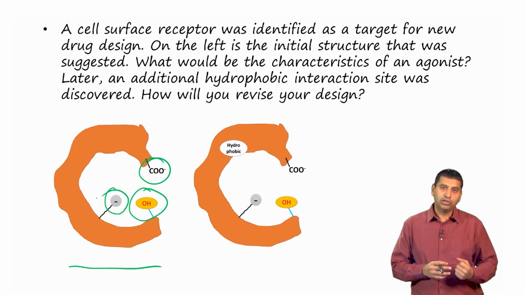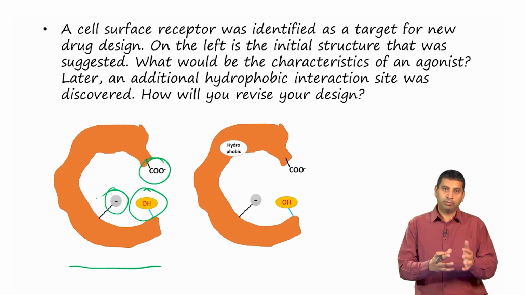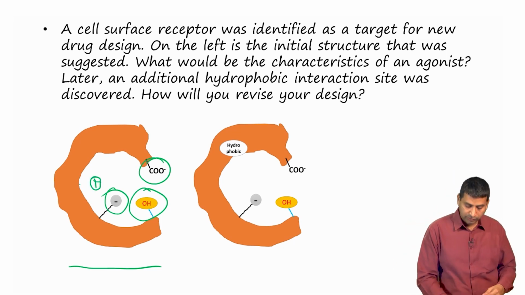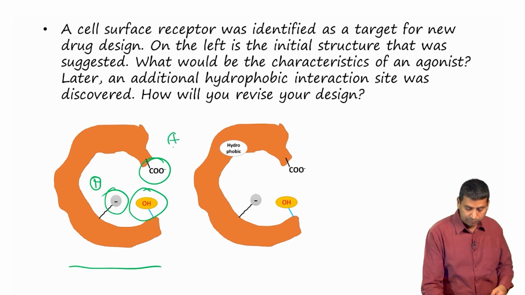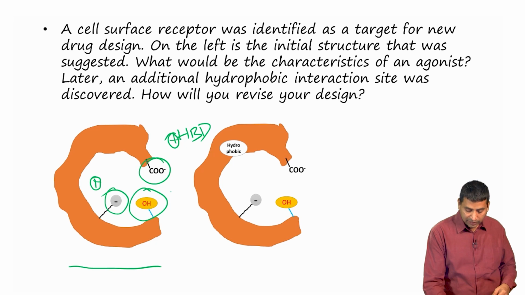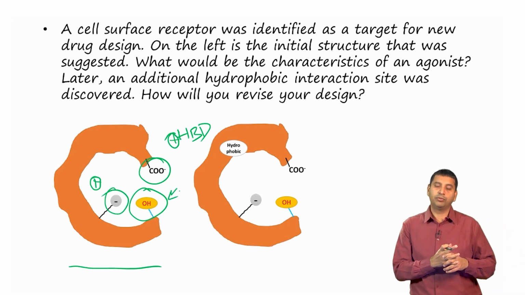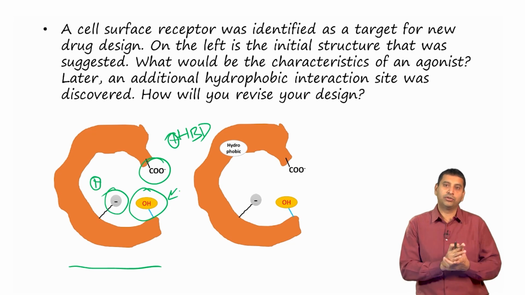So, if we have to design a molecule keeping this in mind, we would place a group which has a positively charged species here, perhaps another positively charged species here, or a hydrogen bond donor over here, and something that interacts with the hydroxyl group over here. So, these are the three characteristics that we would look at and start screening for molecules.